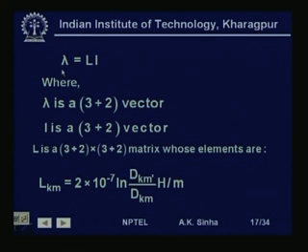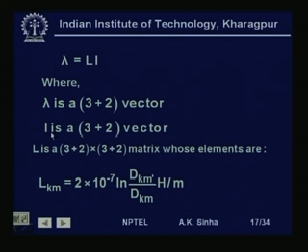Since lambda is equal to L into I, where L is the inductance and I is the current, in this case, since there are 5 conductors, we have lambda for all the 5 conductors, that is lambda a, lambda b, lambda c, and lambda n 1, lambda n 2. So, lambda is a 3 plus 2 vector.